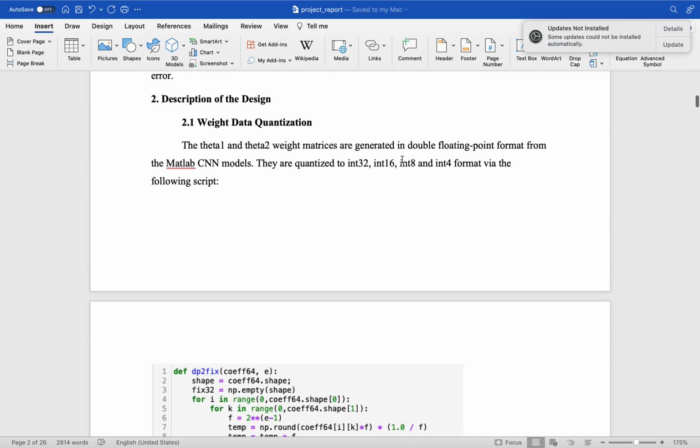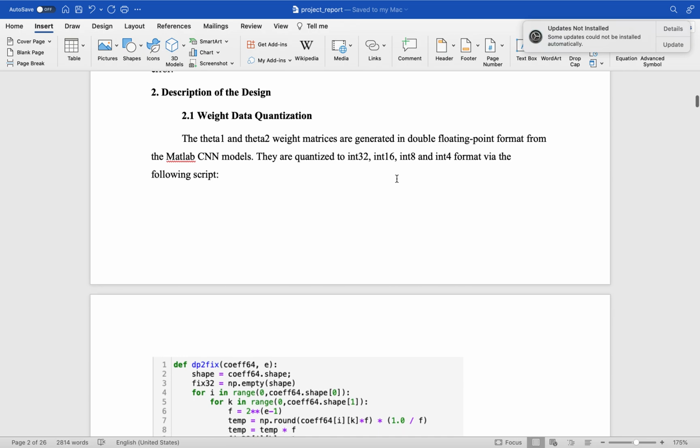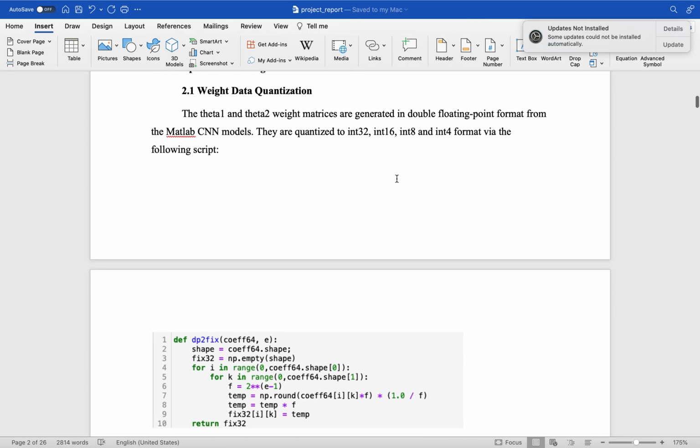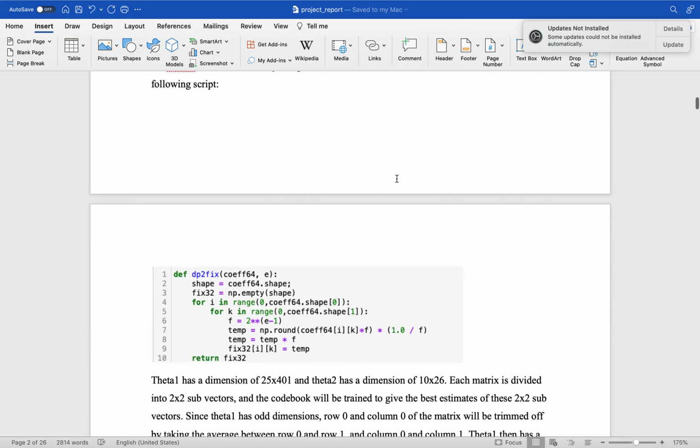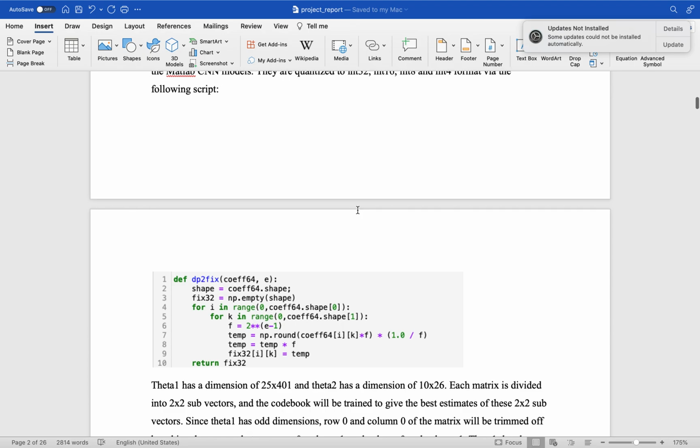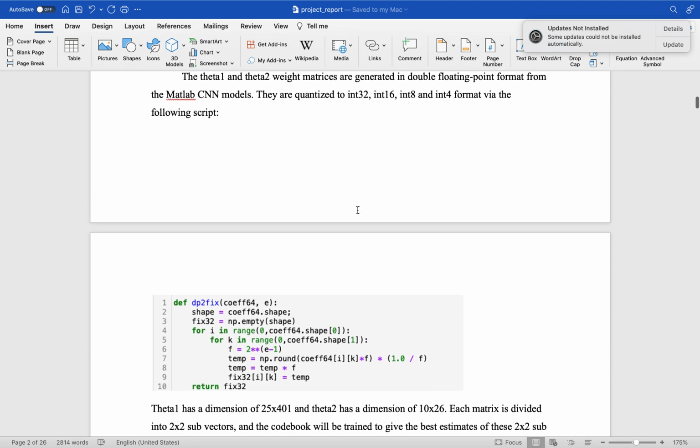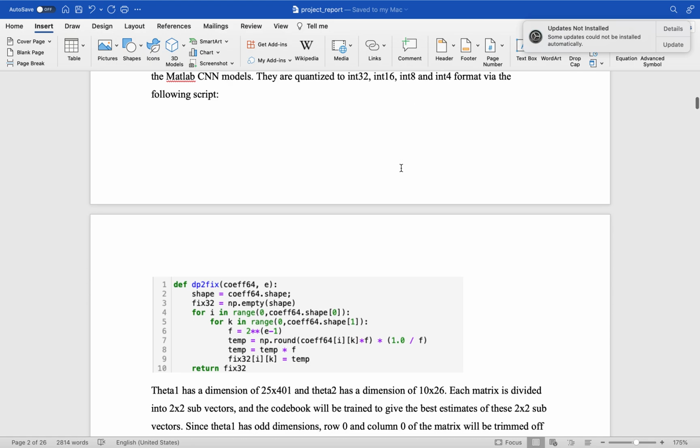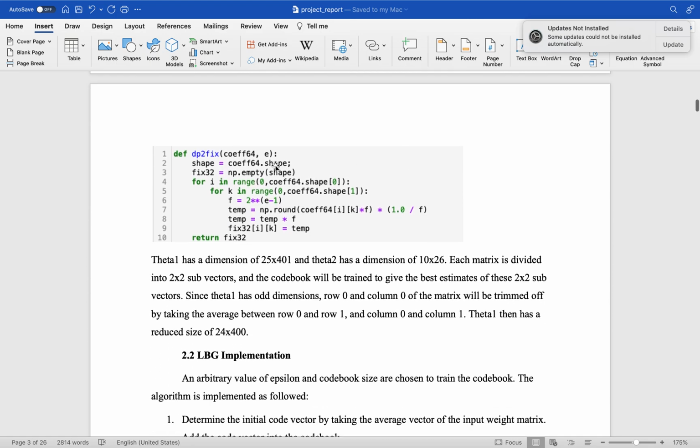The theta 1 and theta 2 weight matrices are given and generated from the MATLAB code, but they are in double floating point format. Eventually they will be quantized to int 32, int 16, int 8, and int 4 format via the following Python script.